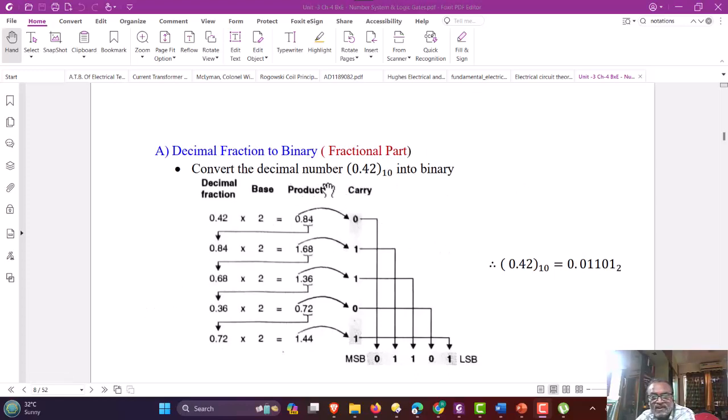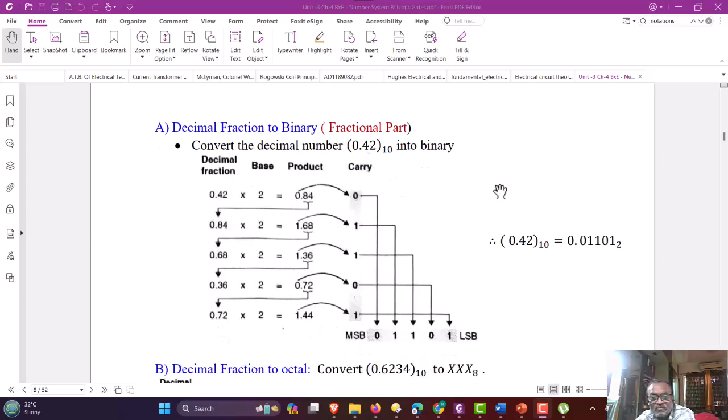Let us convert the decimal number 0.42 into binary. What is our logic? We take the given fractional portion, that is 0.42. The base of the binary system is 2. So 0.42 times 2 is 0.84. Here no carry is generated, so the carry is 0 and it is noted as 0.